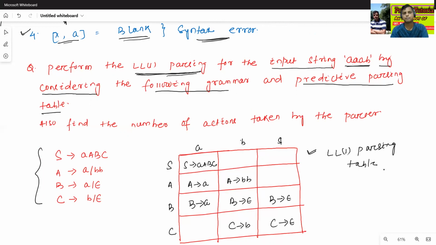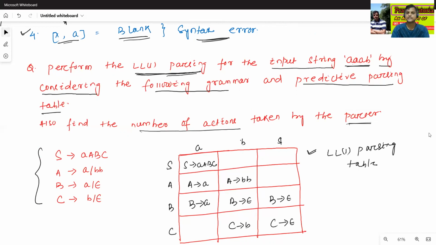Also find the number of actions, like how many push operations, how many pop operations, how many valid actions. These are the actions taken by the parser.